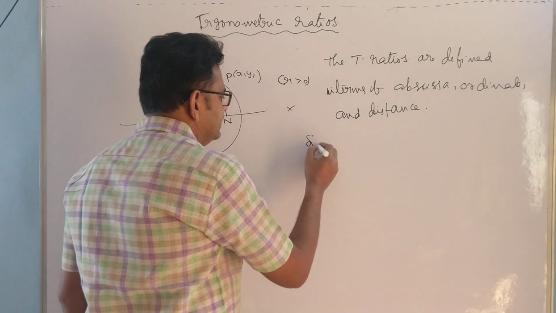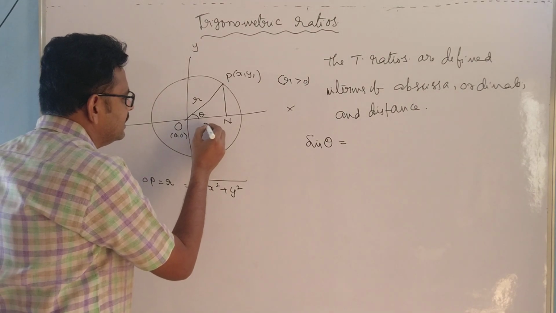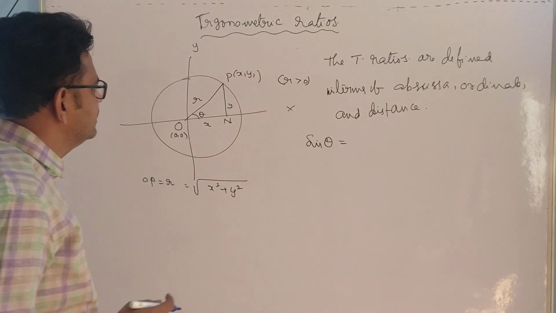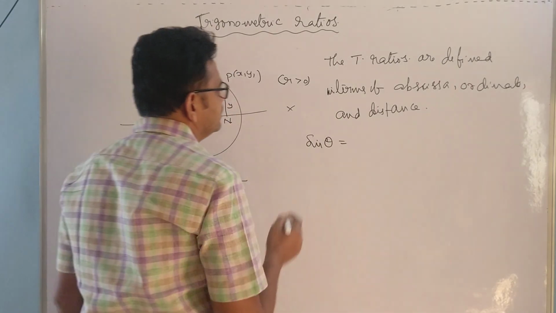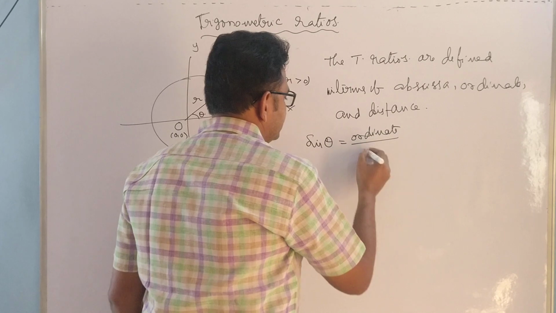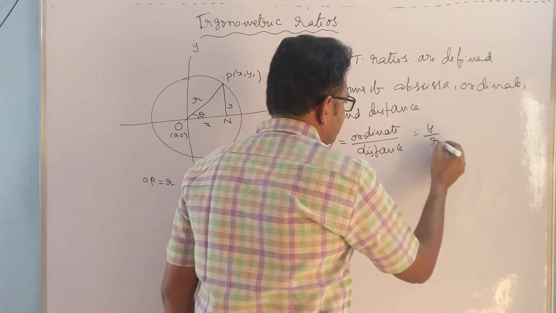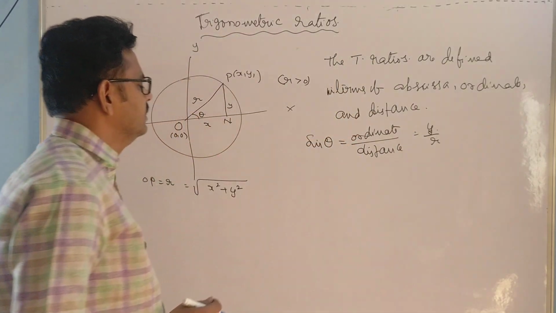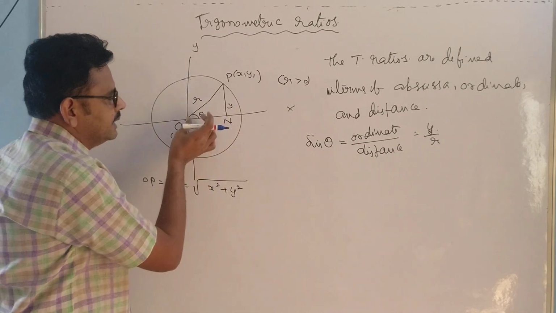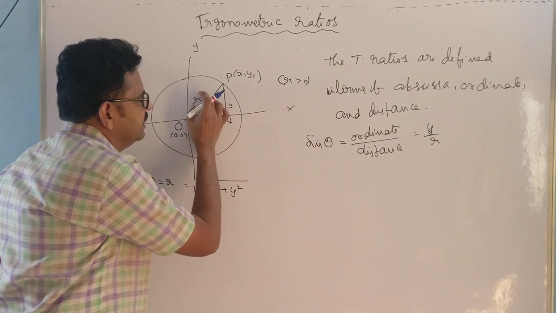First one, sin theta is defined as ordinate by distance, that is equal to y by r, where r is always positive. That means in triangle OPN, sin theta equals opposite side by hypotenuse, that is, y by r.